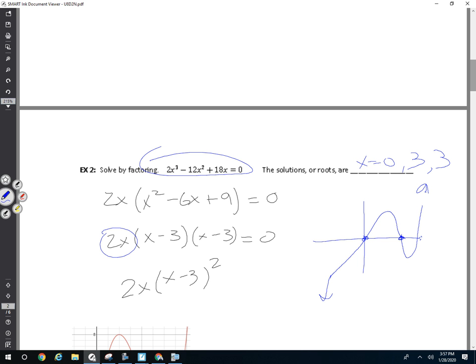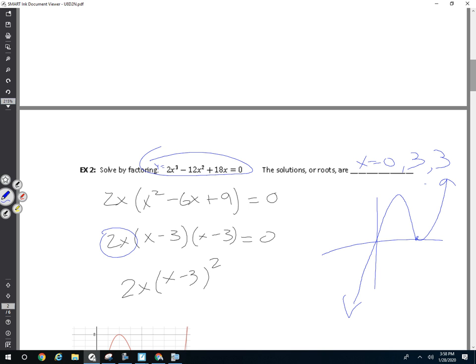Everybody please graph y equals 2x cubed minus 12x squared plus 18x and tell me what happens at 3? We have a situation that we're familiar with, like with y equals x squared. We can have a situation where we just touch the x-axis and then come back up. That is shown on the graph here.